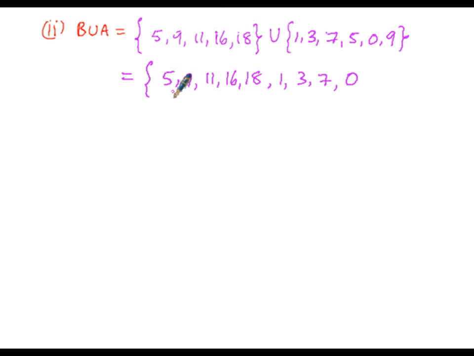In this manner, these are the elements of the newly formed set B union A. Therefore, B union A is equal to the set consisting of the elements 5, 9, 11, 16, 18, 1, 3, 7 and 0.